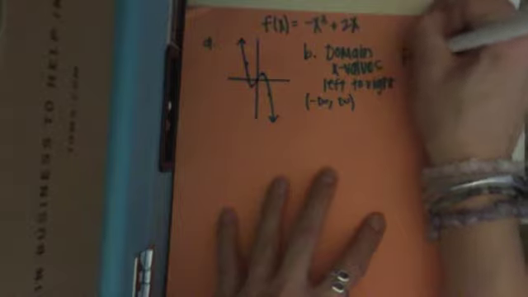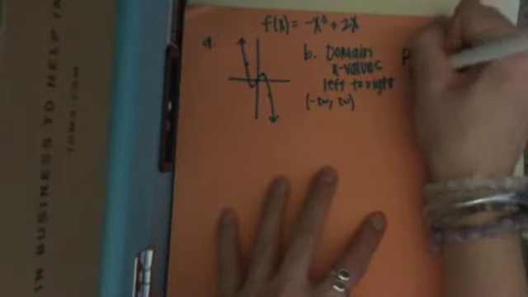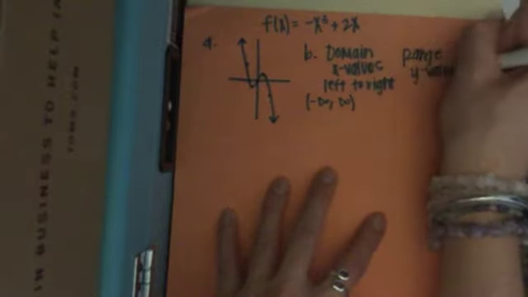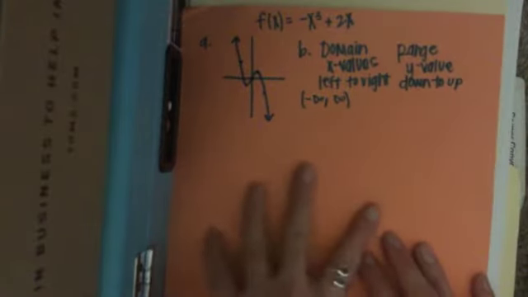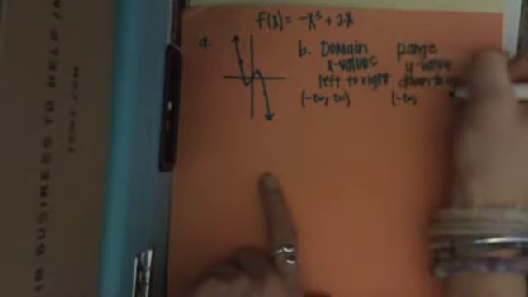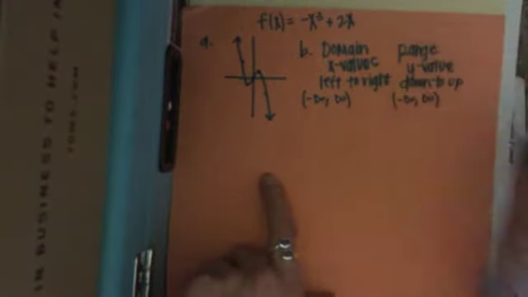Okay, range. That's the y values, and that's down to up, or bottom to top. It goes down forever, so that's going to be negative infinity. It also goes up forever, so that's going to be positive infinity.